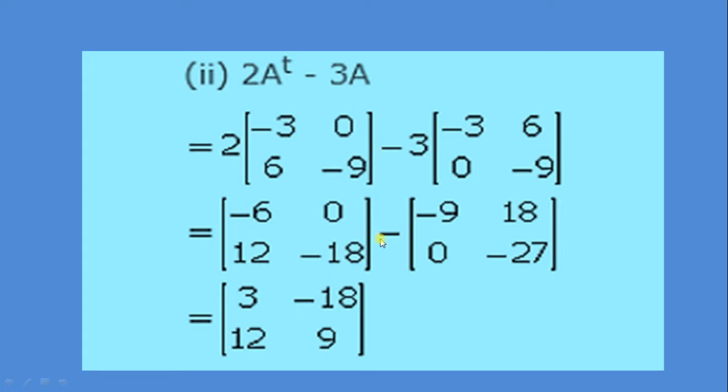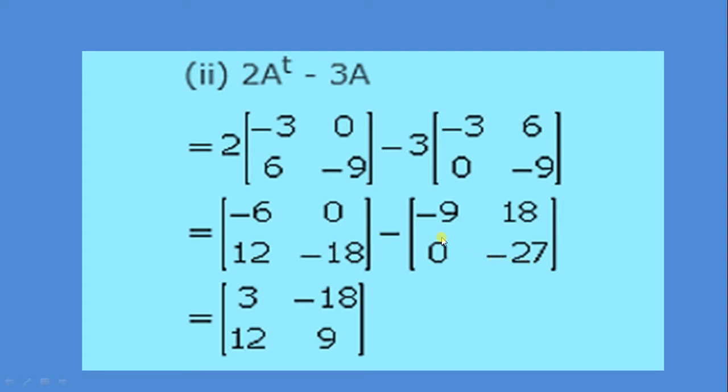Keep the minus as it is, multiply only with the number 3, do not multiply with the sign. Keep the minus sign as it is, multiply the elements with 3. 3 into minus 3, minus 9, 3 into 6, 18, 3 zeros are 0, 3 into minus 9, minus 27.